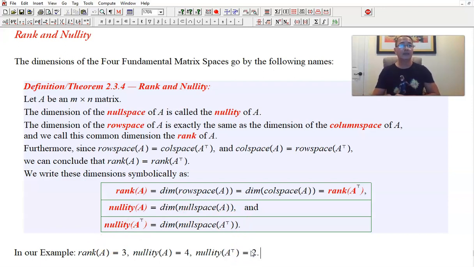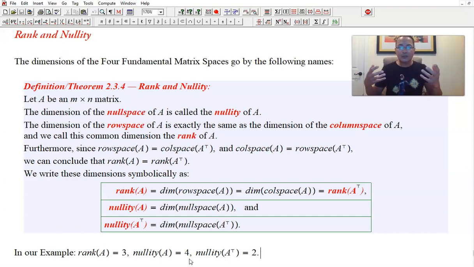So the nullity of A transpose is 2. We also noticed that 3 and 4 add up to the number of columns. We had 7 columns in A. The rank plus the nullity add up to 7.